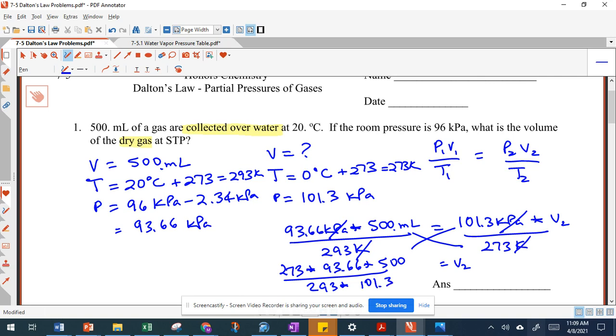Okay, so let's plug that into our calculator: 273 times 93.66 times 500, divided by 293 times 101.3.